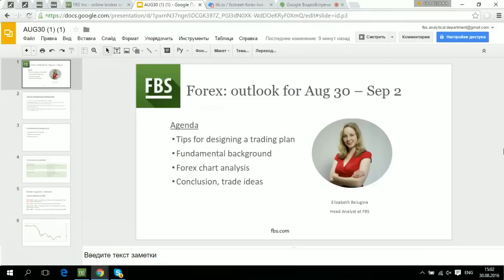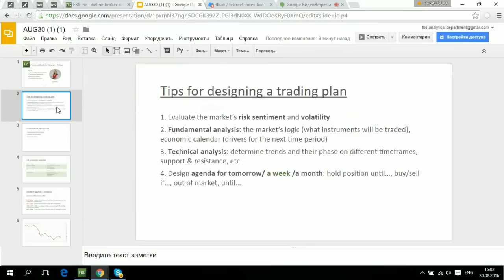Finally, we'll get some conclusions of what we have discussed during this hour and name the trade ideas which will be mostly important and mostly interesting in this week. So let us begin. Some tips for designing a trading plan for the week.